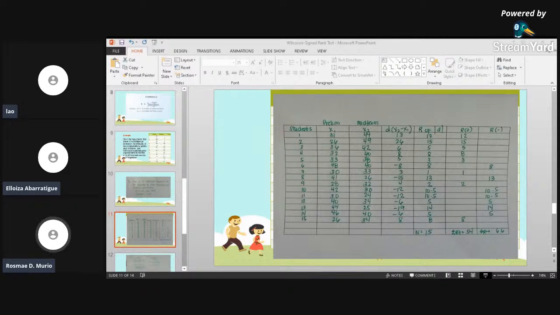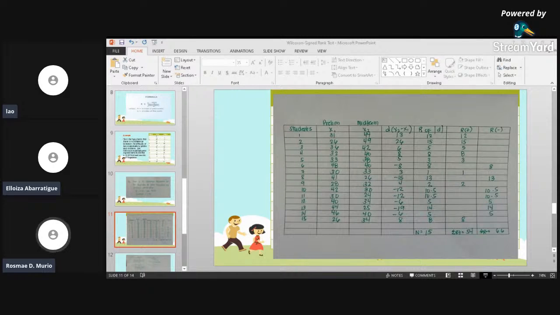And the next po, rank 13. So next ng 13 sa D is 15, negative 15. So makikita natin dito na si 15, so doon po din natin irarank si number 13. And the next po is rank 14.